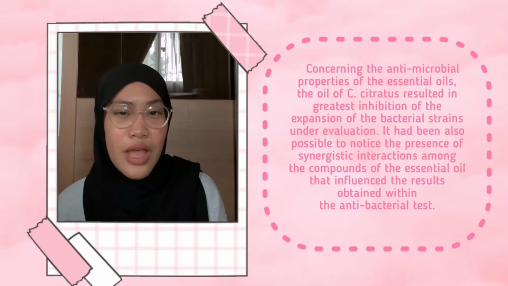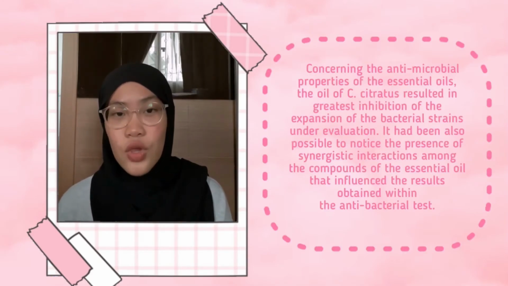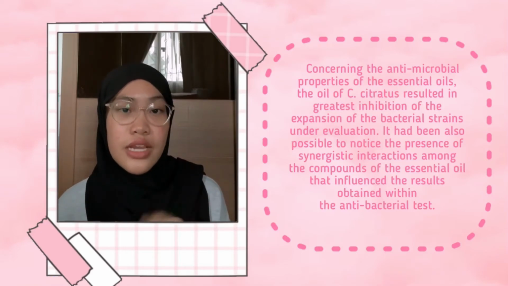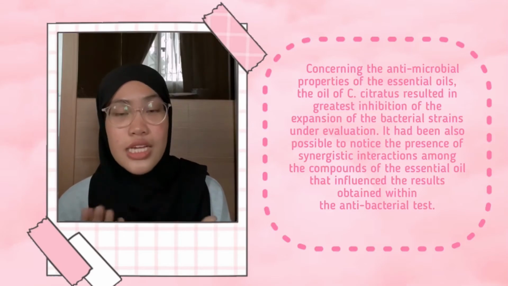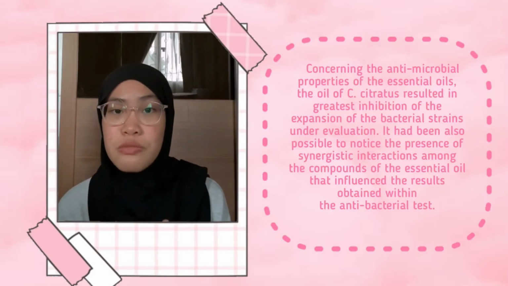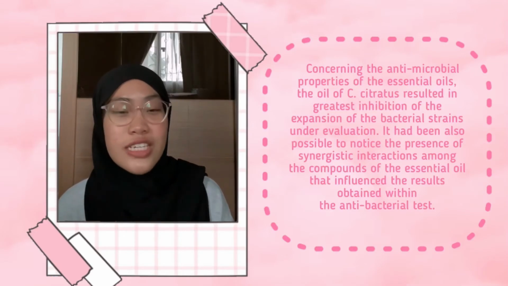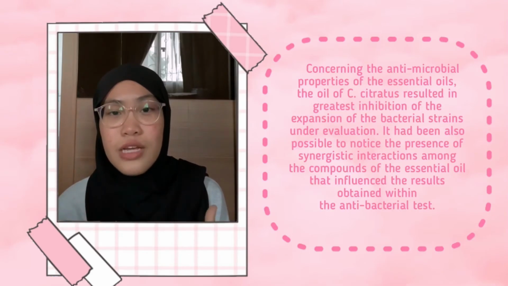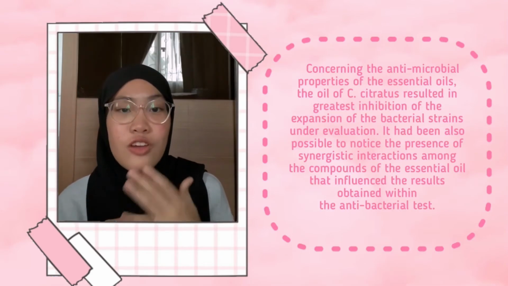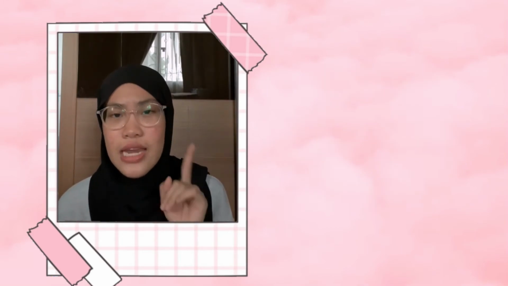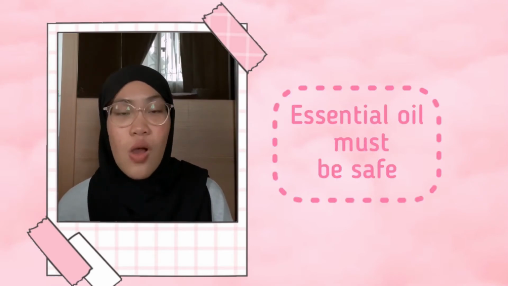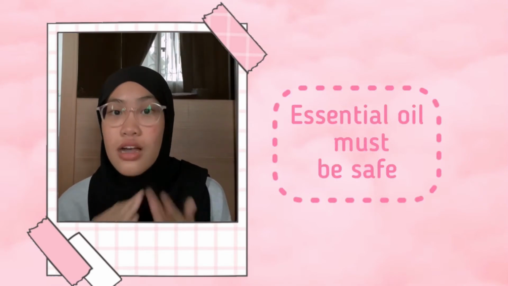Concerning the antimicrobial properties of the essential oils, the oil of C. citratus resulted in the greatest inhibition of the growth of the bacterial strains under evaluation. It was also possible to notice the presence of synergistic interactions among the compounds of the essential oil that influence the results obtained within the antibacterial test. An important issue to take into consideration when using essential oils in humans is that they must not be toxic.